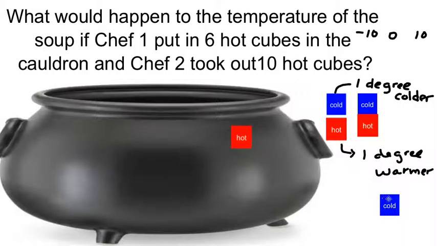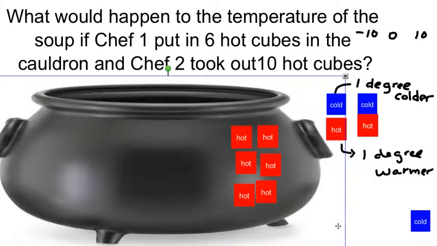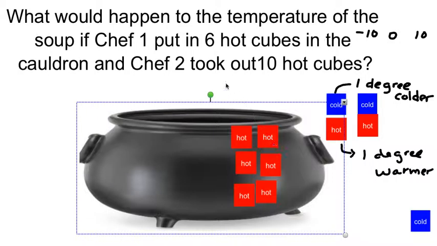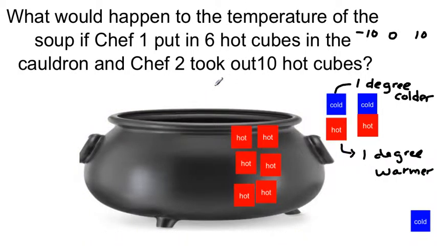So he's going to put 6 hot cubes into his soup. 1, 2, 3, 4, 5, 6. So mathematically speaking, that example is telling me that I have 6 hot cubes, again, which is a positive. So I have positive 6.